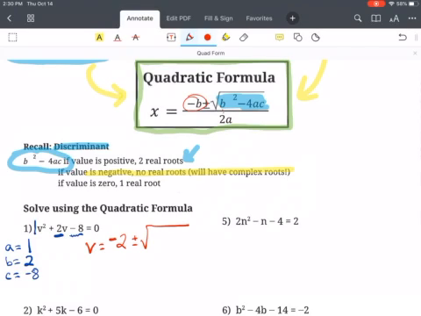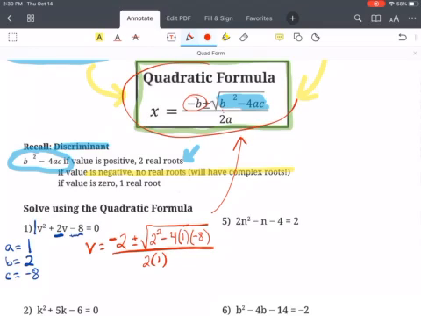The next part is b squared, so we write 2 squared, minus 4 times a and c, so we're multiplying by 1 and negative 8. Then we have a big divided by sign. We're going to divide that by 2 times our a value, which is 1.